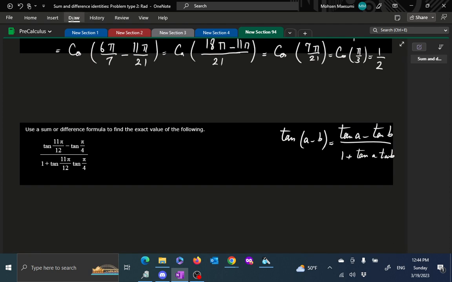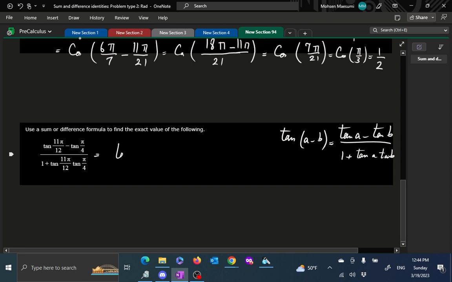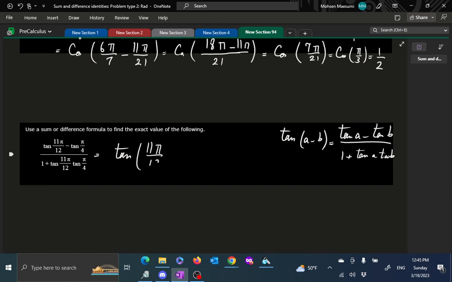So in this case we have the case of tangent of a difference. This is going to be tangent of 11 pi over 12 minus pi fourth.